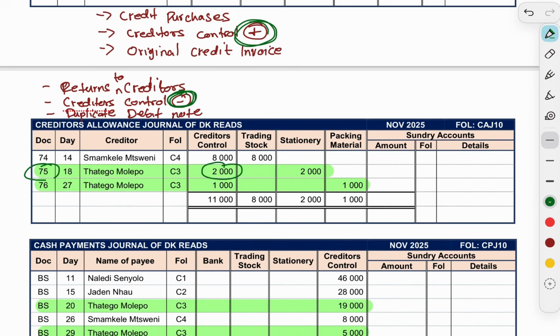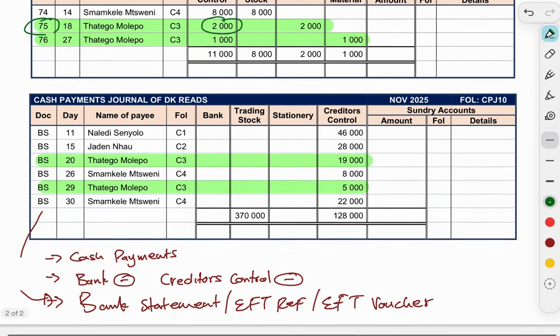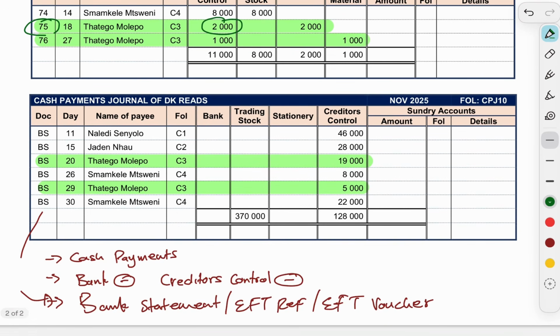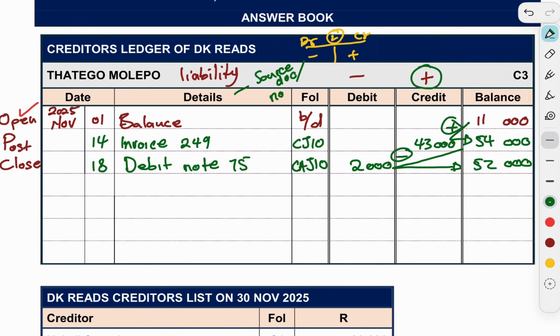Then you move on to the next transaction. The next transaction we made with Thategô Molepo was on the 20th. We made a payment to Thategô Molepo on the 20th, of 19,000. So on the 20th, you're going to write bank statement or EFT.